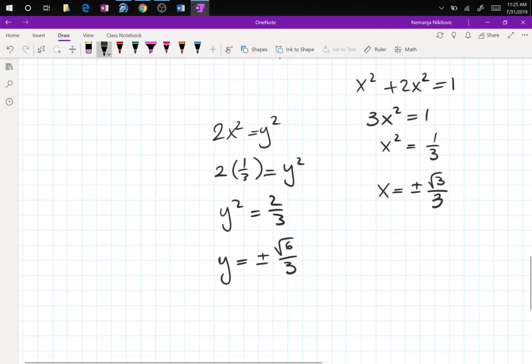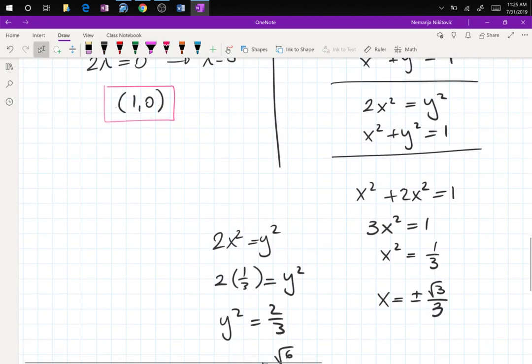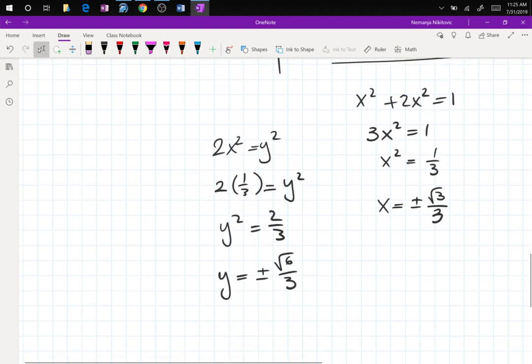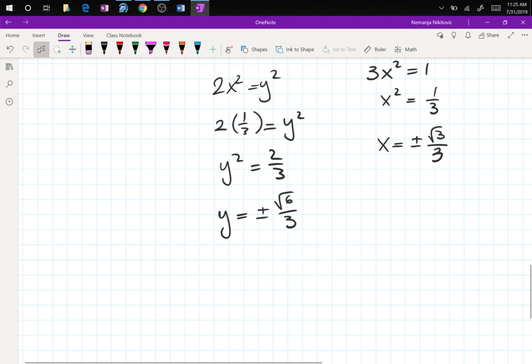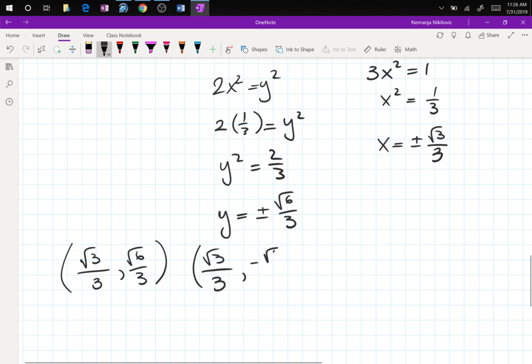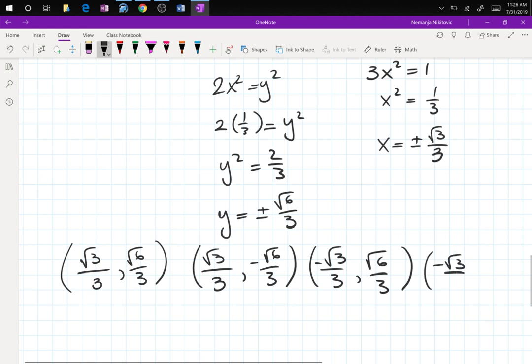So there they are. We have 4 points on the circle right here, and then additional point (1, 0), which we calculated earlier. So we have root 3 over 3, root 6 over 3; root 3 over 3, negative root 6 over 3; negative root 3 over 3 and root 6 over 3; and negative root 3 over 3 and negative root 6 over 3.